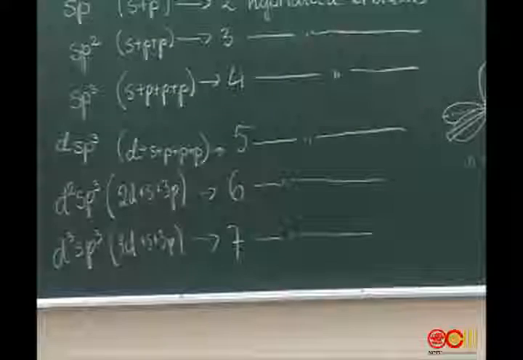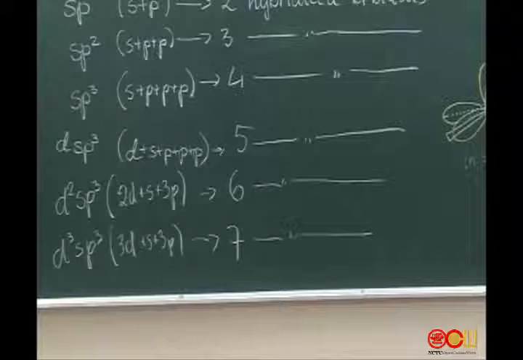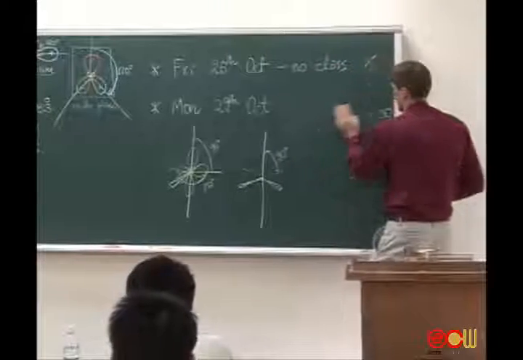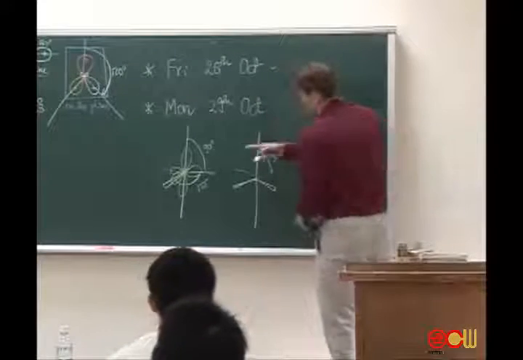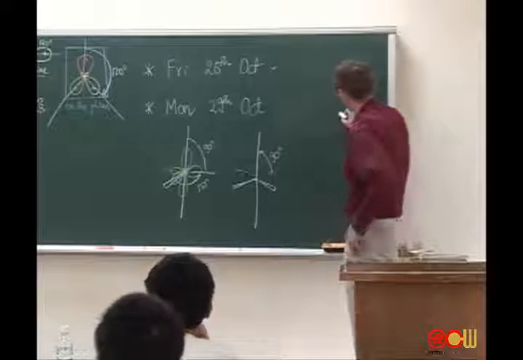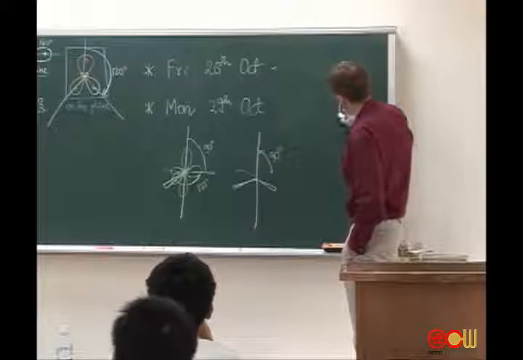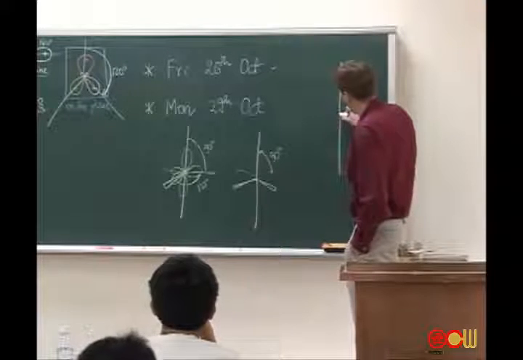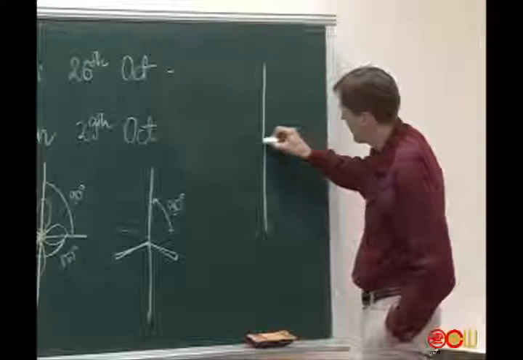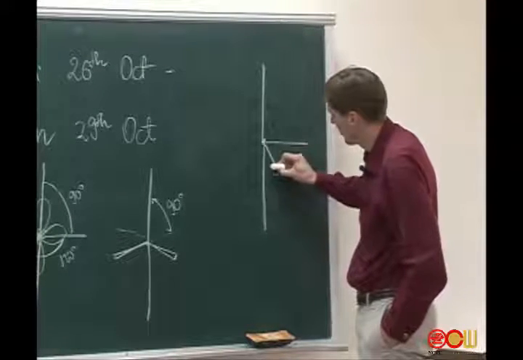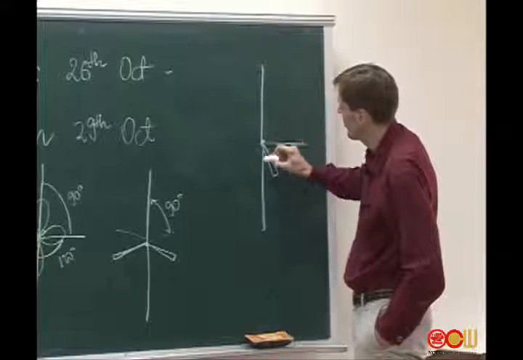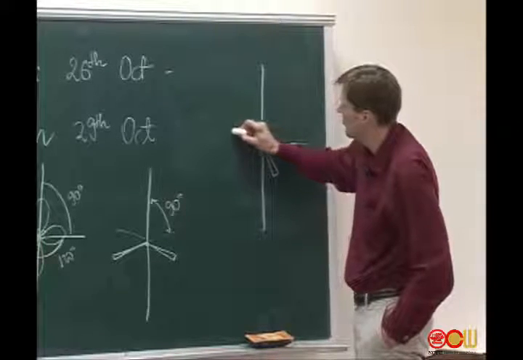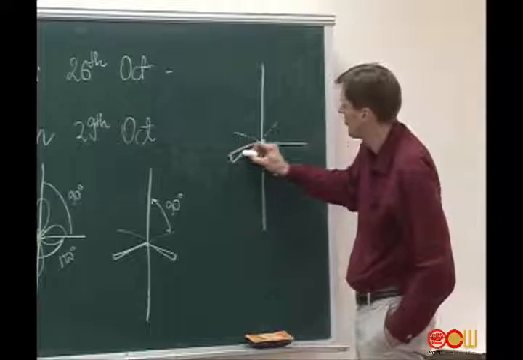There is not much philosophy about this, because the 7 would look the same like these two: central atom in the middle, one up, one down, one here. Now one of them here, one of them behind.